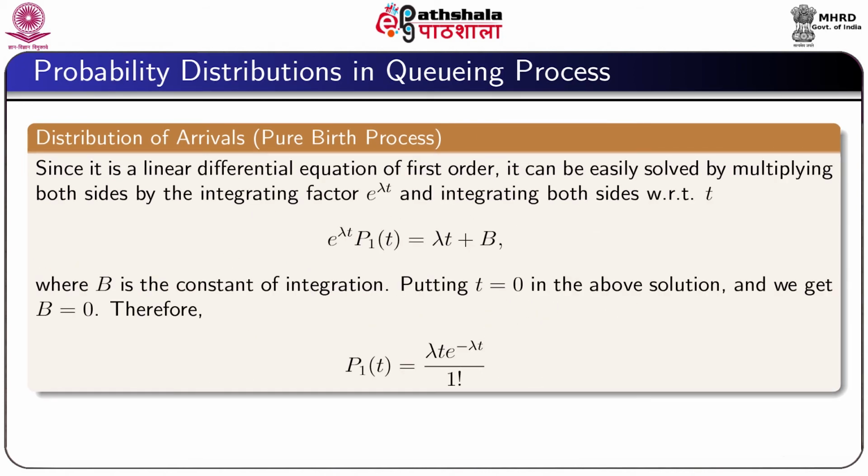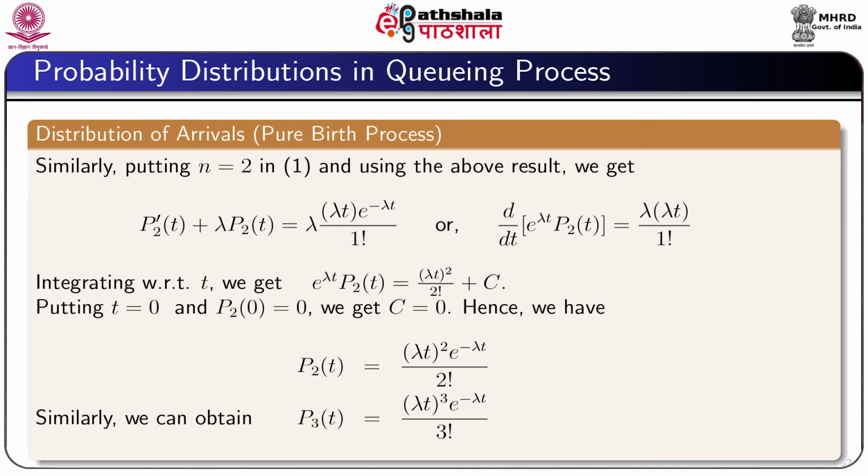This is a linear differential equation of first order, and it can be easily solved by multiplying both sides by the integrating factor e to the power λt, and thus integrating both sides with respect to t, we get e to the power λt into P1(t) equal to λt plus b, where b is the constant of integration. Now, putting t equal to 0 in the above equation, we get b equal to 0. Therefore, finally, we get P1(t) equal to λt e to the power minus λt by factorial 1.